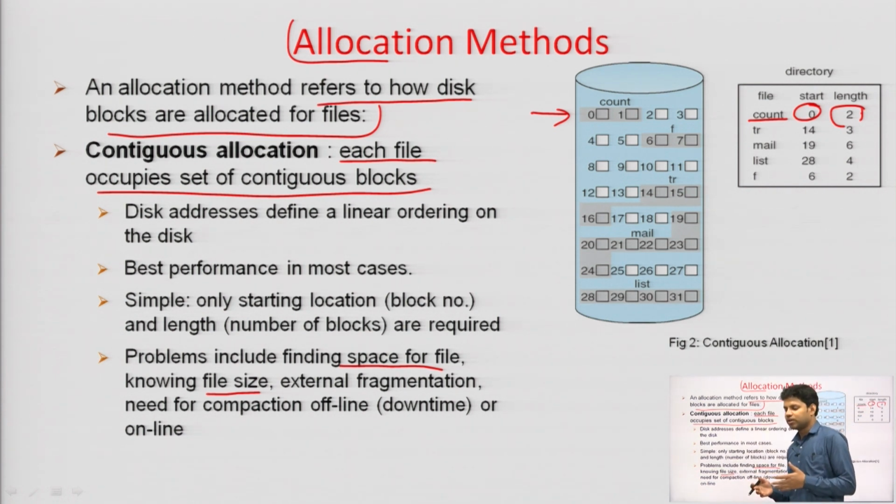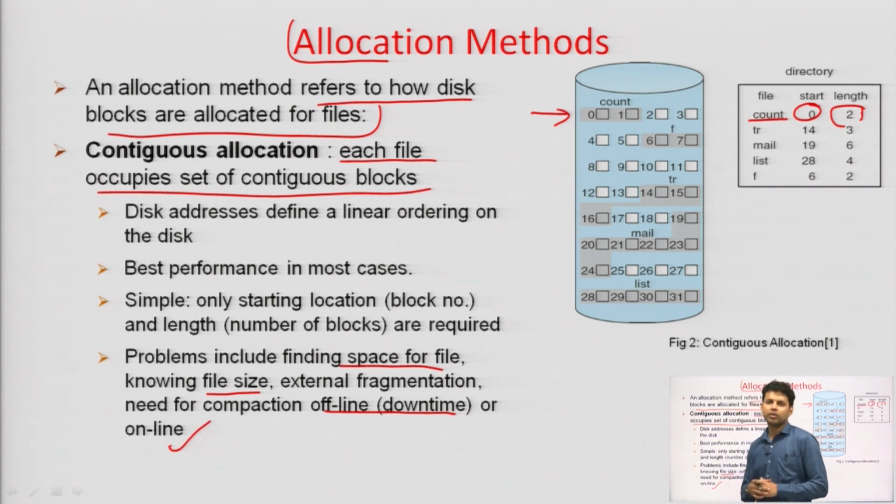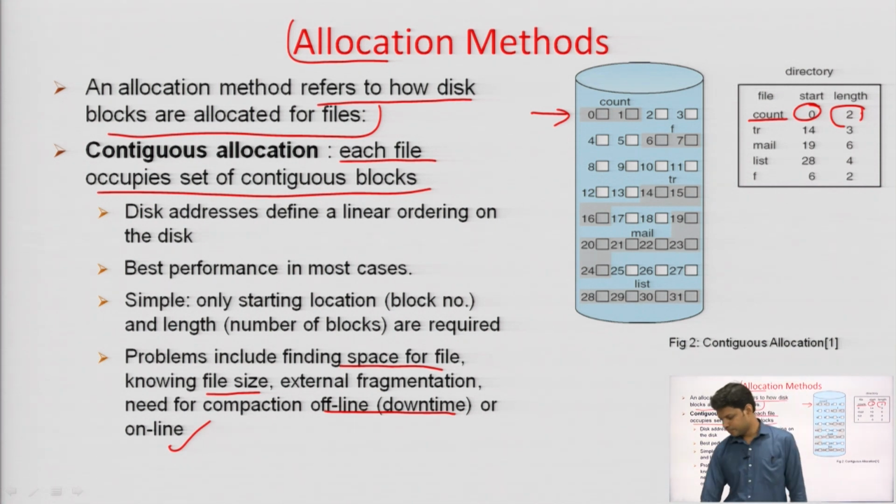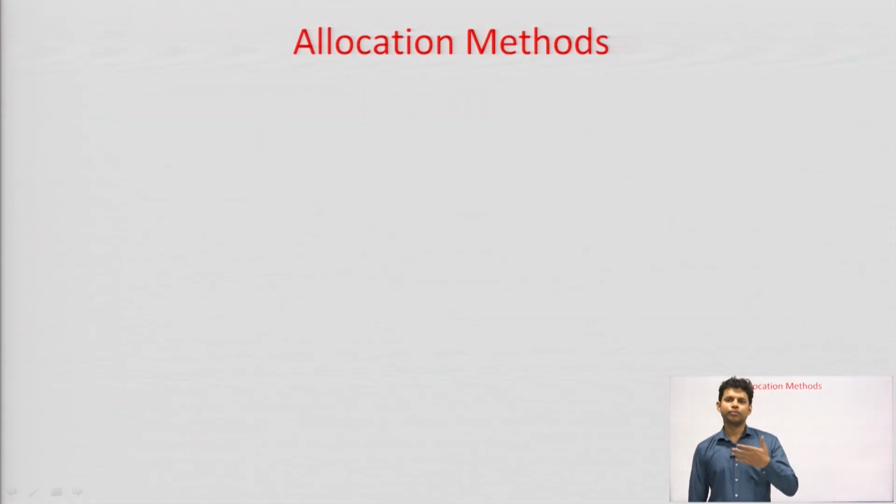You might know internal and external fragmentation from memory management, so external fragmentation can also occur here. There is a need for compaction; either you can use offline downtime or online compaction for removing this external fragmentation. Compaction means shifting all the files to either the top or the bottom to remove the free space in between.